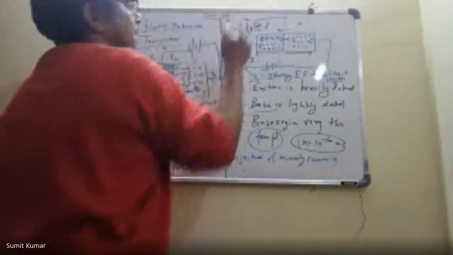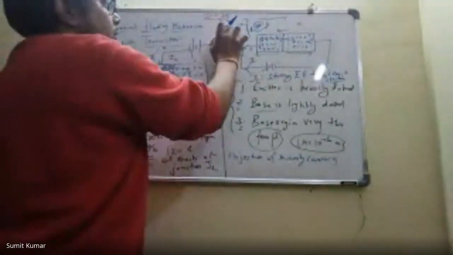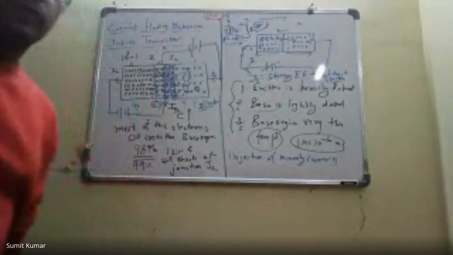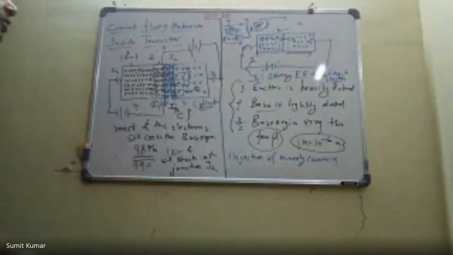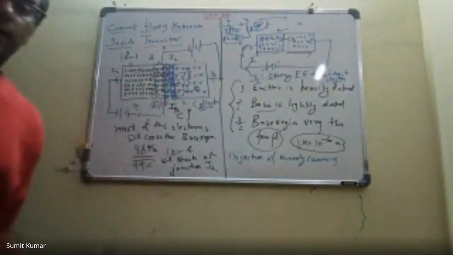So here we can get voltage amplification. If this is a very small resistance like 1 ohm and 1 ampere current is flowing, then 1 volt will be there, and if this is a resistance of 100 ohm and 1 ampere current is flowing, then 100 volts will be the output. So this is the same phenomenon we have obtained here.